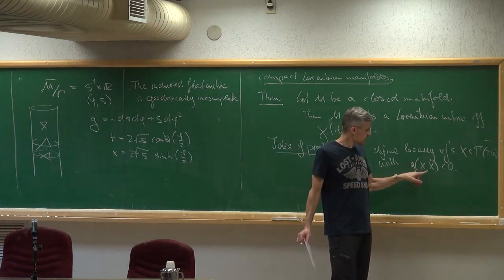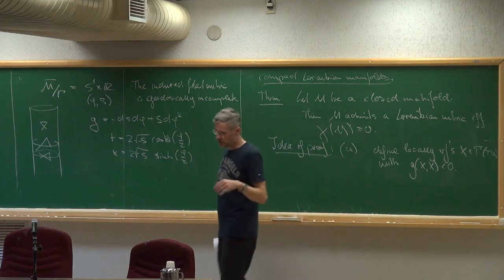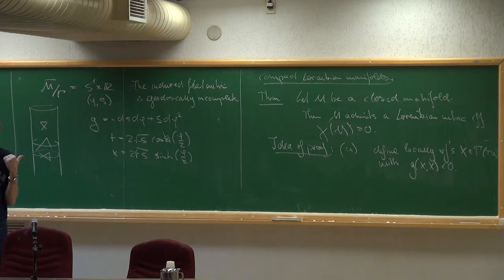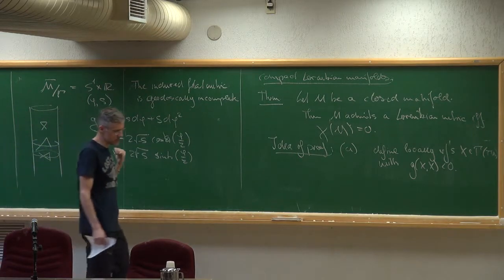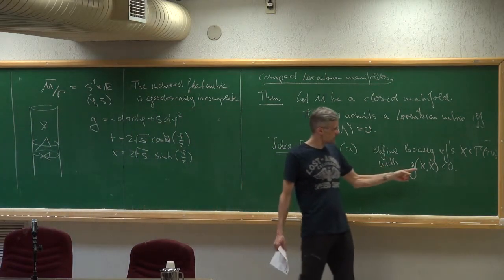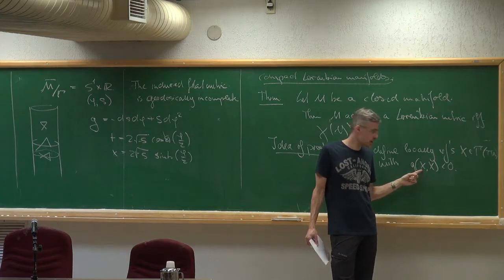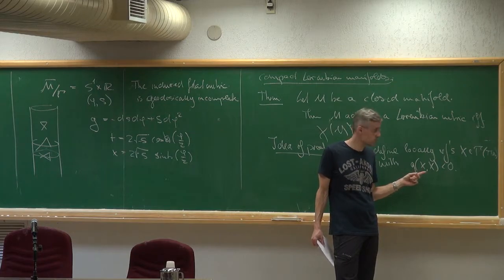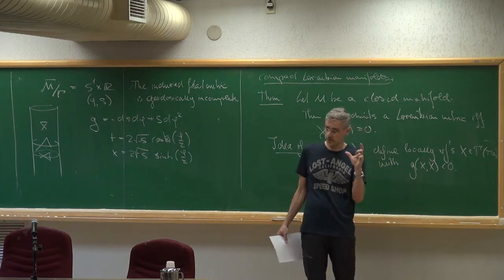And then what you can do is take a partition of unity subordinate to such a covering by open sets, and just add up these vector fields with this partition of unity. Since it's a partition of unity, at every point it's basically a convex combination of these vector fields.